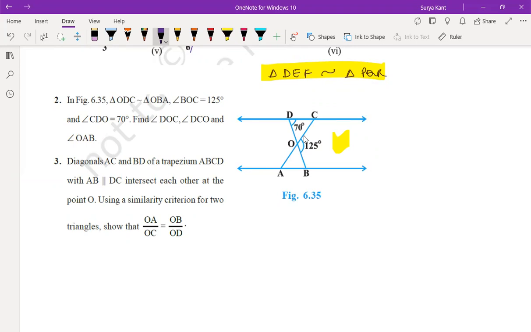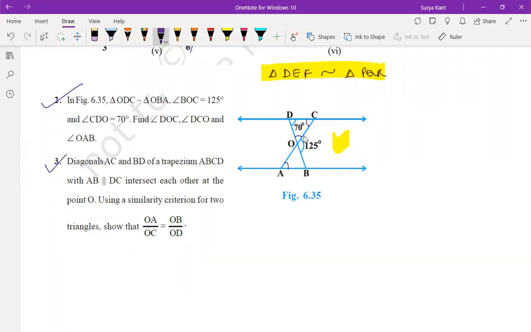BOC is 125 degree. CDO is 70 degree. We should find DOC, this angle, DCO, this angle, and OAB, this angle. So this is like basic sums, right? All of you can do this question, children. All of you can do this. Yes, sir.